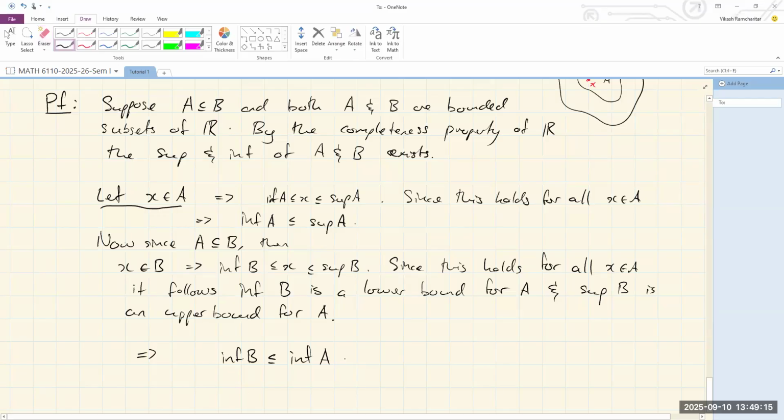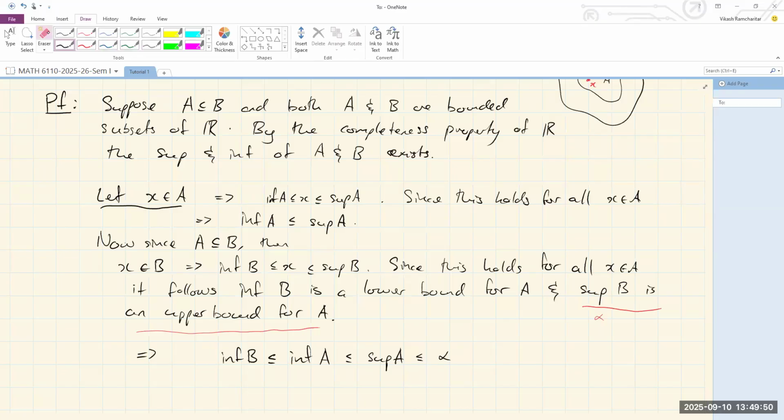And of course, the infimum of a set is always less than or equal to the supremum of that same set. And the supremum of B, if you want to call this alpha, is an upper bound for A. So if I have an upper bound for A, that upper bound should always be bigger than the supremum of A, right? Alpha is an upper bound for A, so the supremum of A should always be smaller than alpha, because the supremum of A is the smallest of those upper bounds.